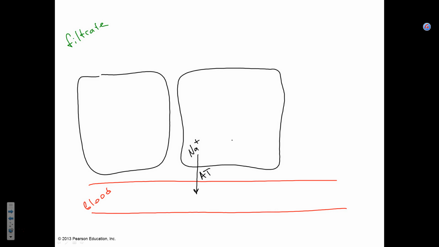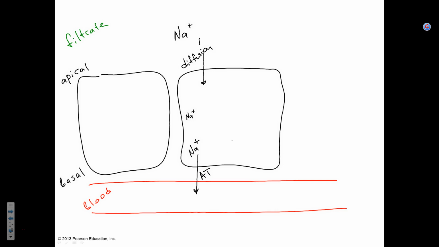Now, since sodium is being pumped out of this cell, what happens to the sodium concentration inside of the tubular cell? It is maintained low. Tiny, low sodium concentration. The concentration of sodium in the filtrate, though, is higher. So on the apical side, sodium will be what? It will diffuse into the cell.